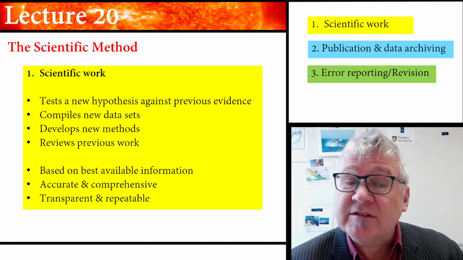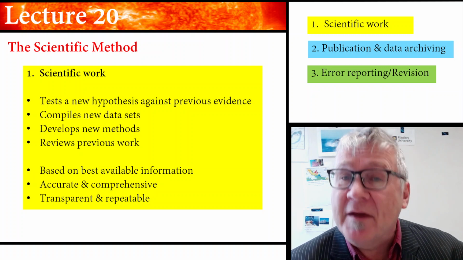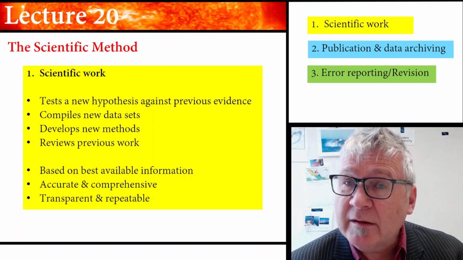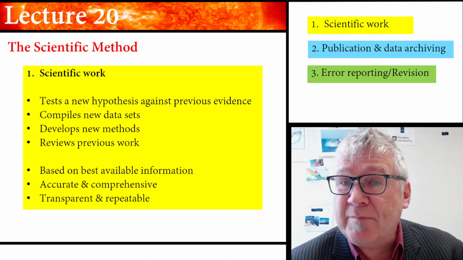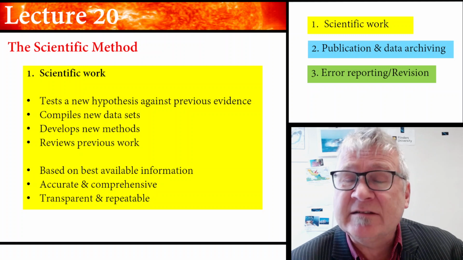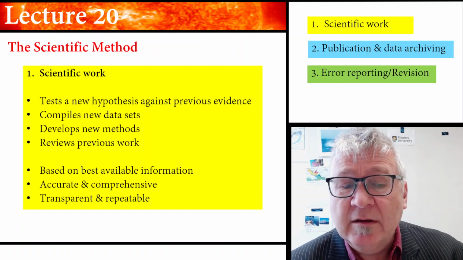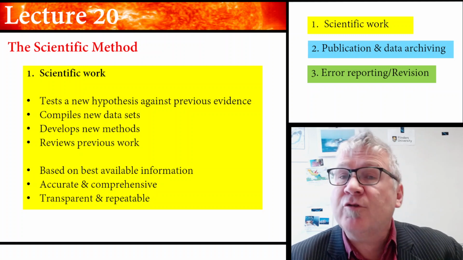It has to be based on the best available information. Okay, using the best models, the best data sets of the highest quality. So it has to be accurate and comprehensive.